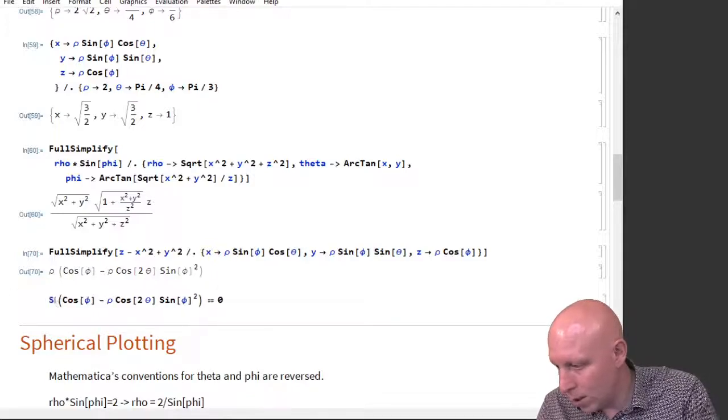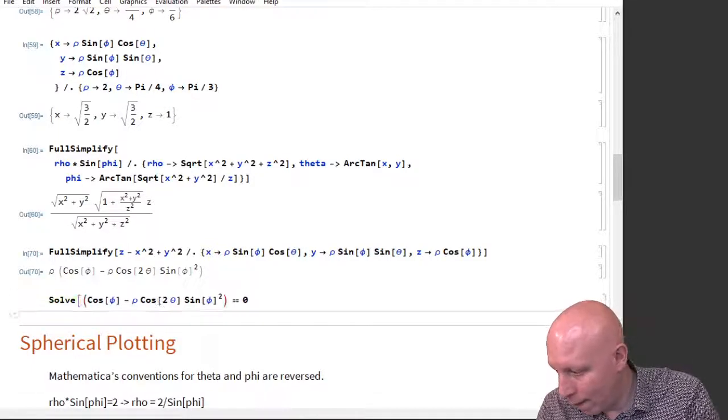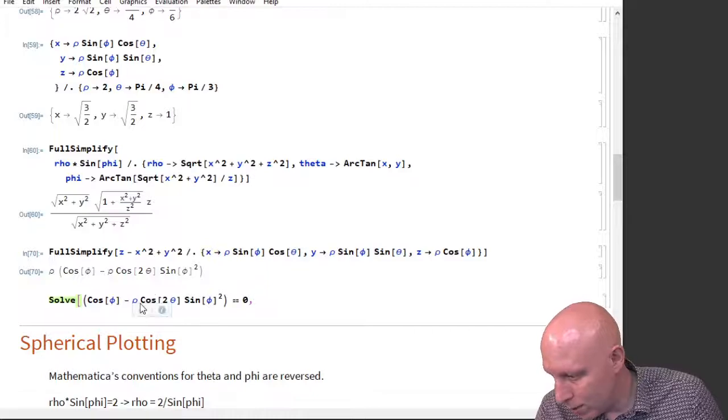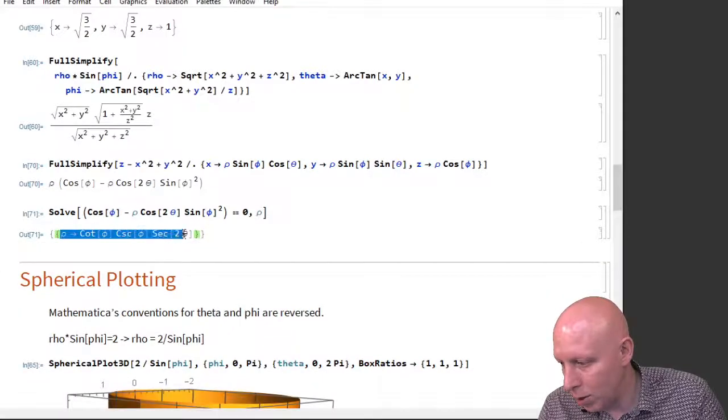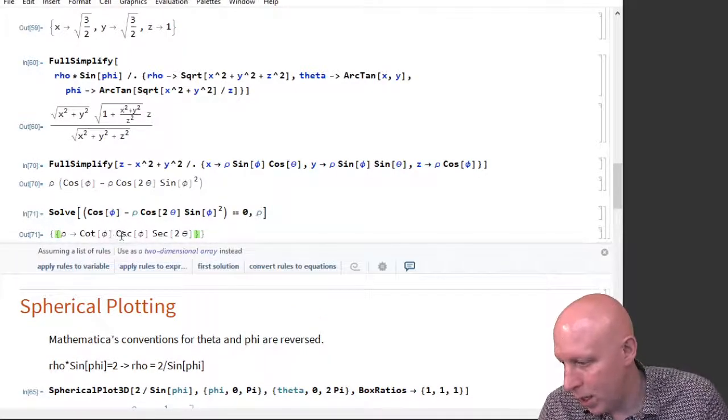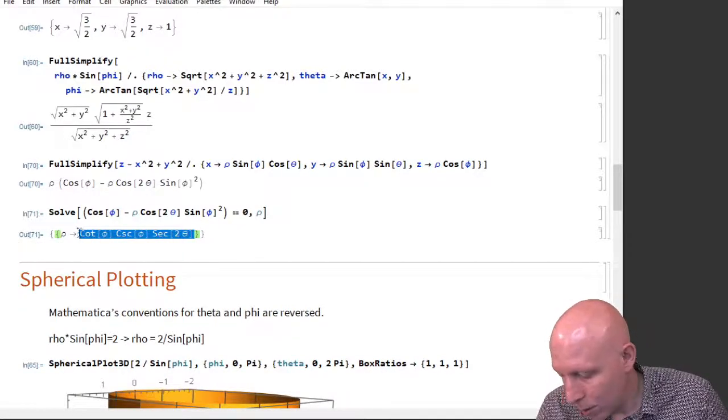And so if we want to solve this for rho, then we get that rho is equal to cotangent of phi, cosecant of phi, secant of 2 theta. And so that means we could plot it.